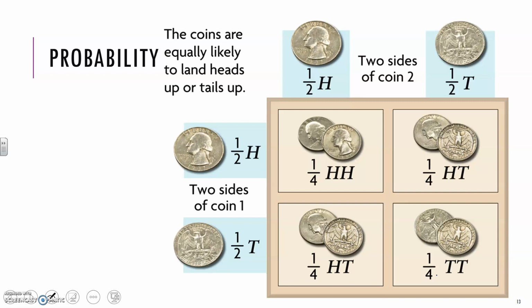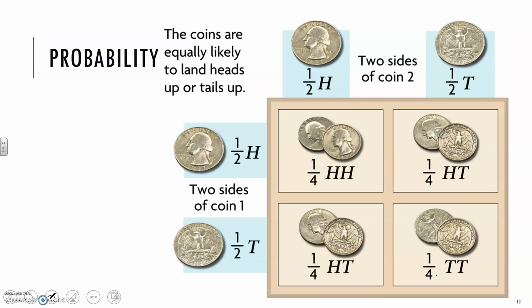They are identical coins, or you're flipping 1 coin twice, whatever. So the coin has 2 possible outcomes, heads or tails. But because you're flipping it twice, you have 4 possible outcomes. You could get 2 heads, you could get a heads and a tails, or you could get 2 tails. So that's all that this is showing.